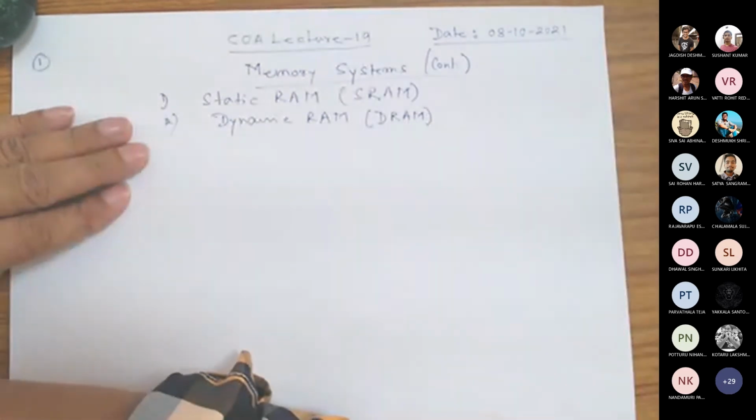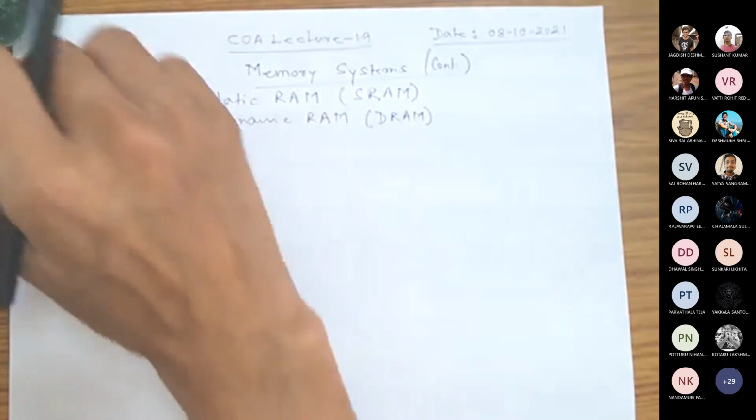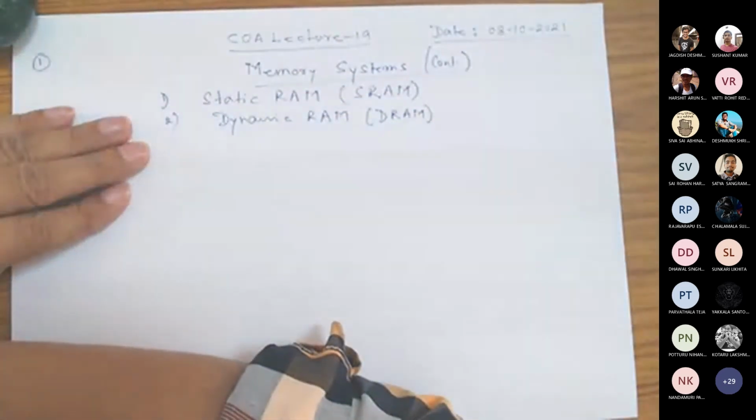Okay, so let me tell you that this is with respect to the way the values are stored. So static means once you store something, it remains there. It requires constant power. Whereas in case of dynamic, it does not require constant power.